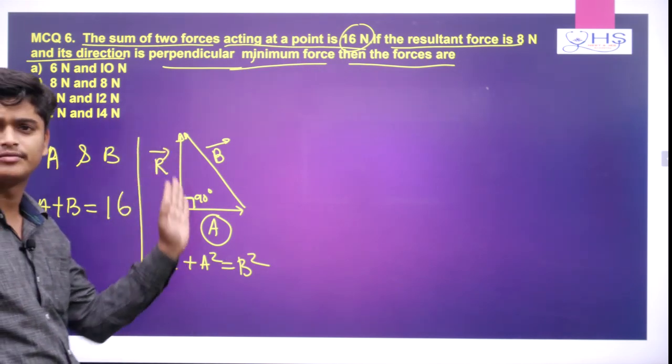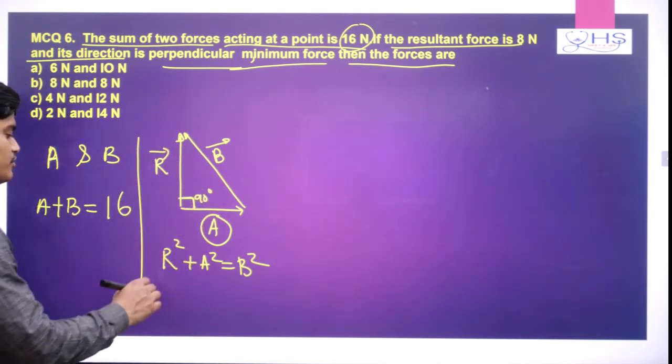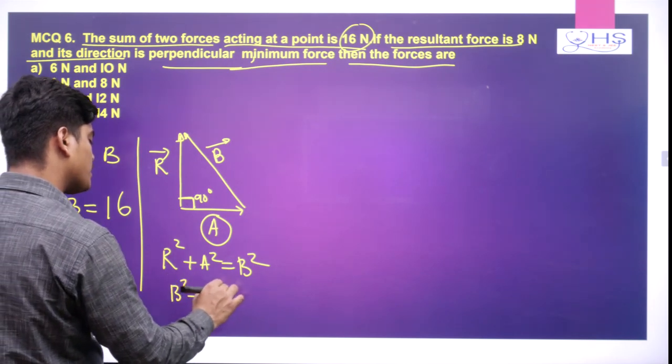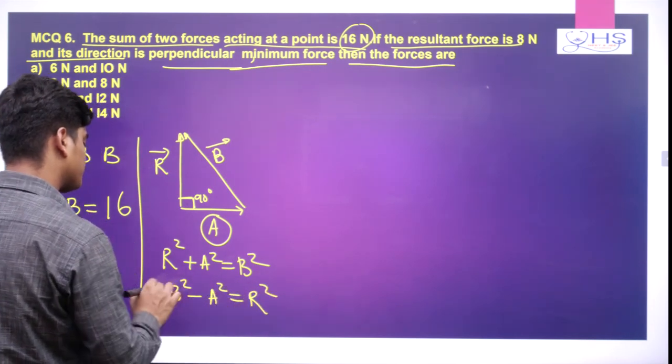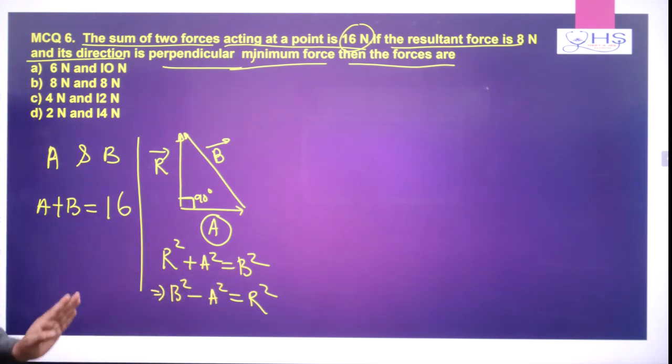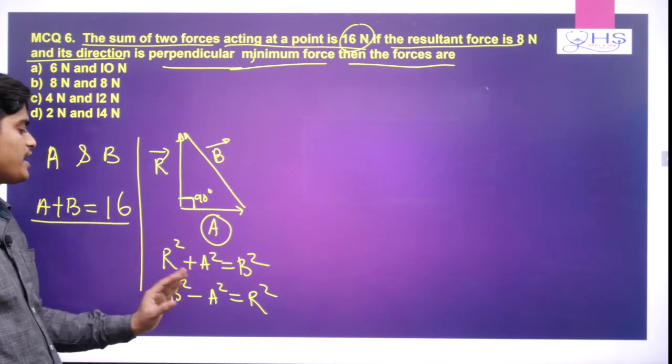So B square minus A square will be nothing but R square. I am getting this expression, B square minus A square is R square, and A plus B is 16. From here I need to solve this and get my A and B.